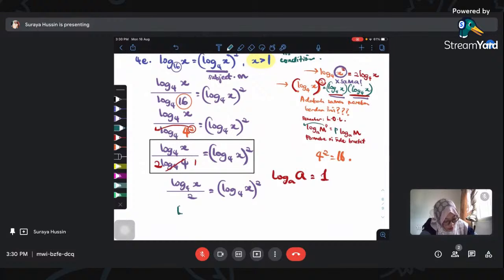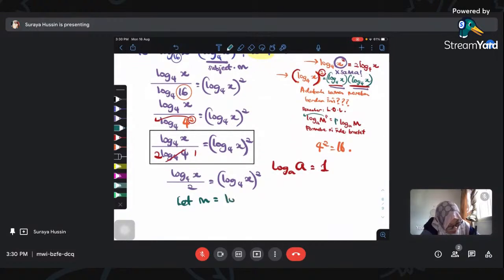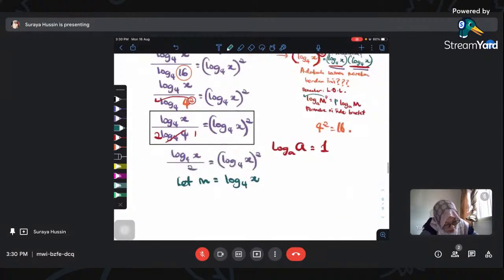And then here is where let m came in. Let m is equals to log 4x. Then m divided by 2 equals to m squared. You don't like fraction, you times every term by 2. You times both sides by 2. You will get m equals to 2m squared.